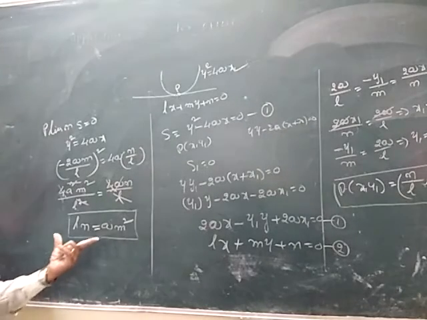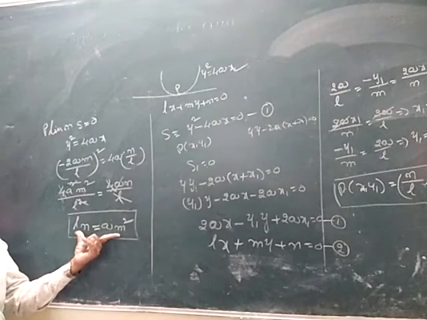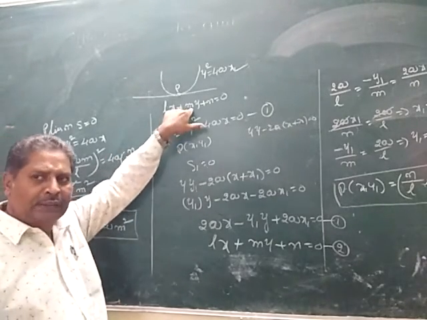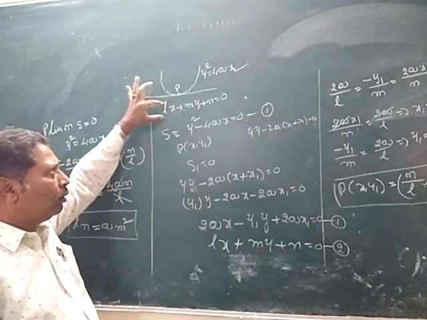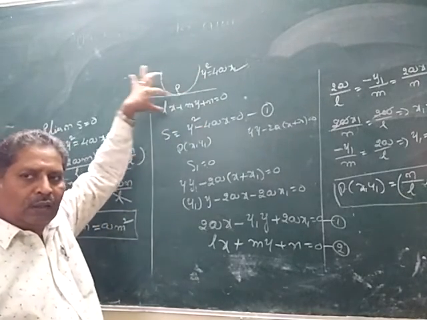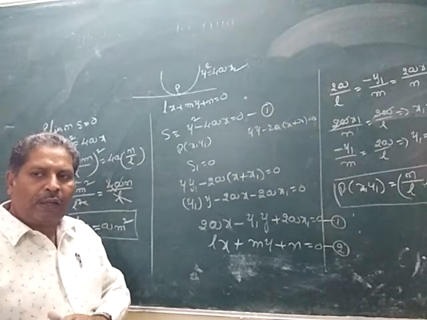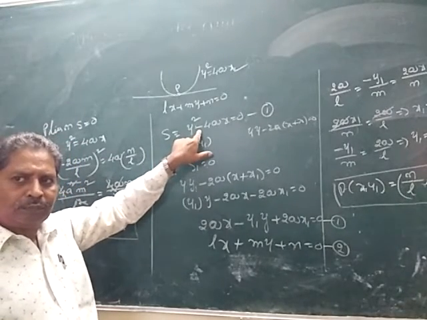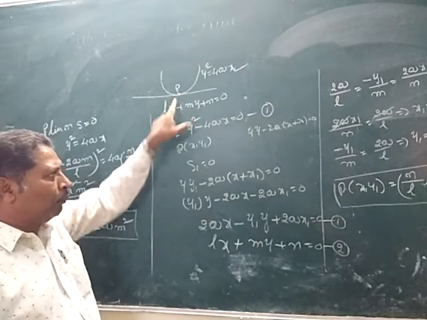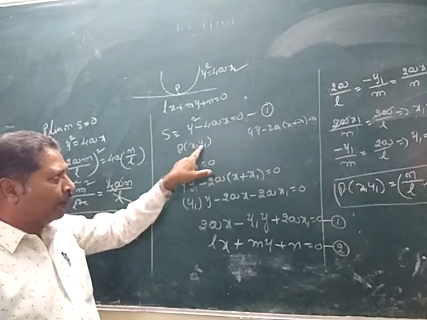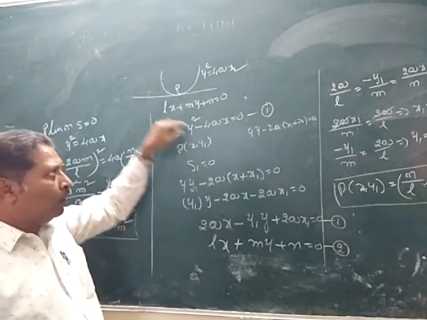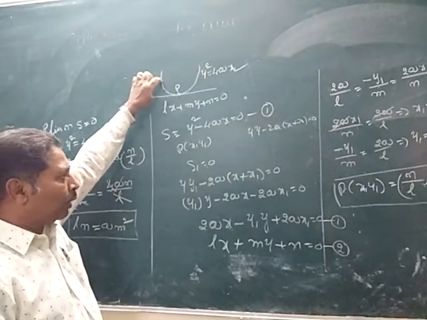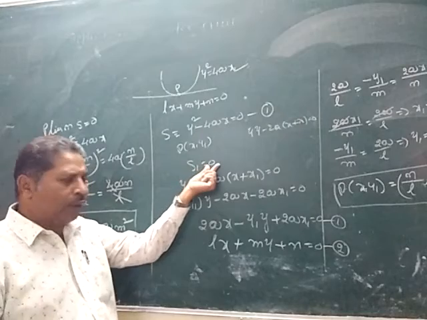This is the tangent condition in the parabola. Again, find the condition when this line touches the parabola. Given parabola is this one. Let P(x1, y1) be the point of contact. Equation of the tangent with respect to the parabola is S1 equal to 0.